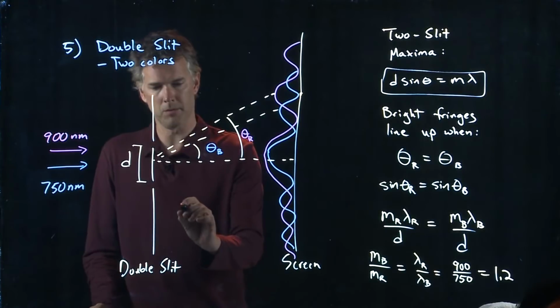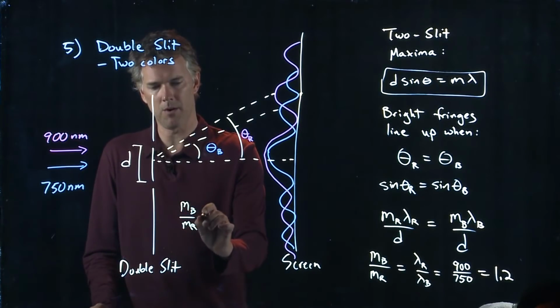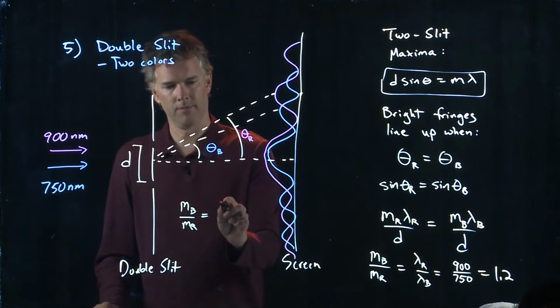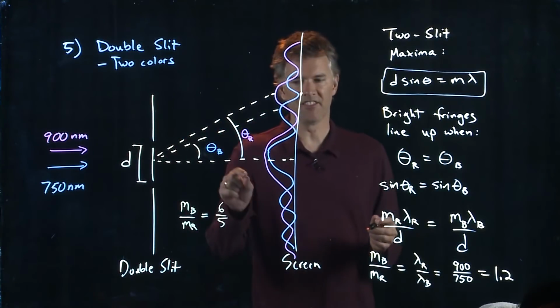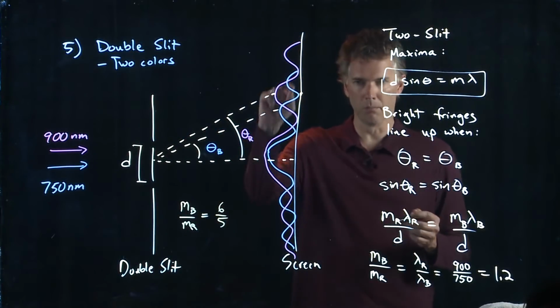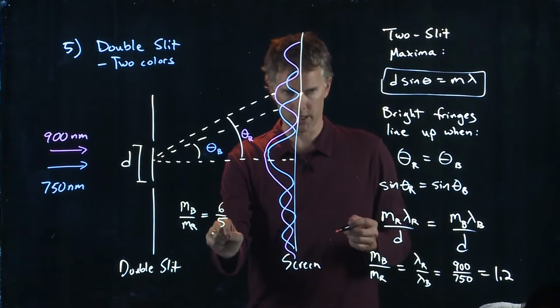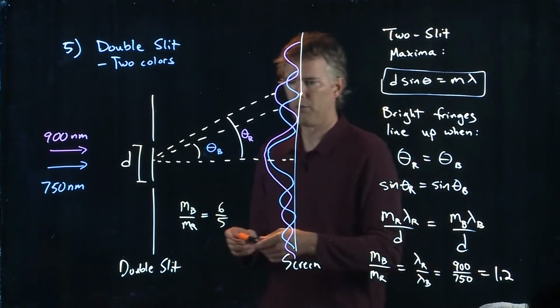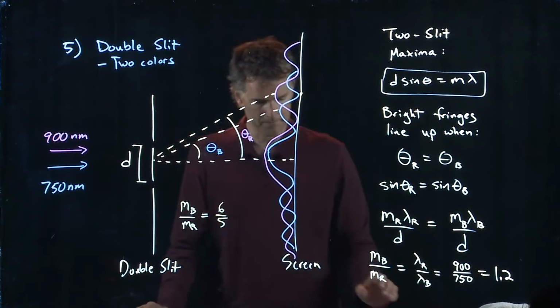And you probably know what the answer is. m blue over m red has to be what? 6 over 5. Okay? The sixth fringe of the blue pattern is going to overlap with the fifth fringe of the red pattern. Okay? So those are the relevant numbers.